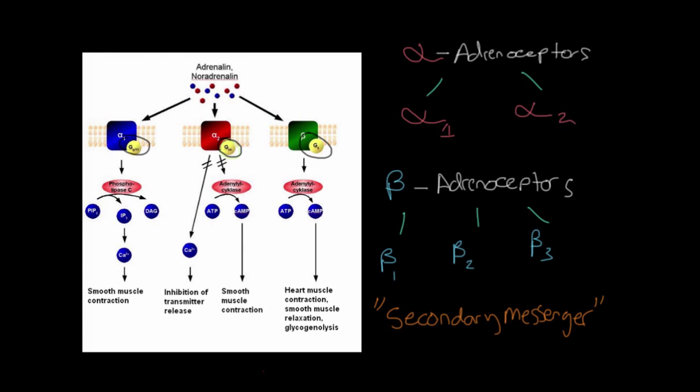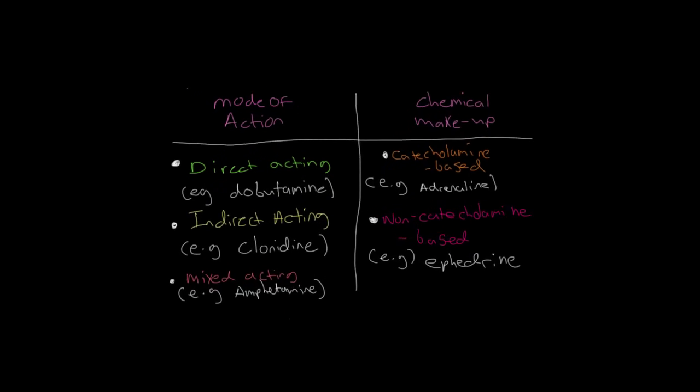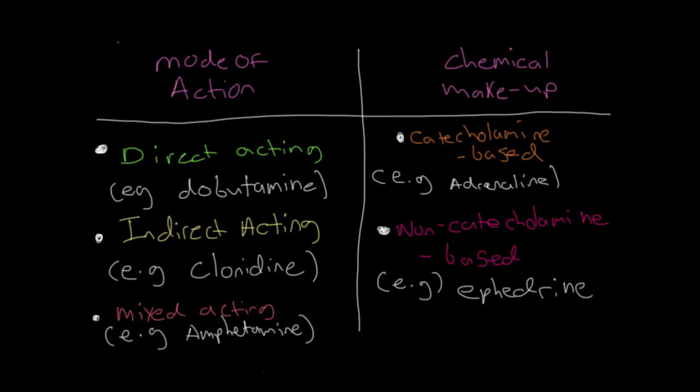Looking in terms of pharmacology, we can divide up any sympathomimetic or adrenoceptor agonist into one of three categories. We can say that they are either direct acting, binding to and stimulating a particular adrenoceptor, and most prescribed drugs typically fall into this category.